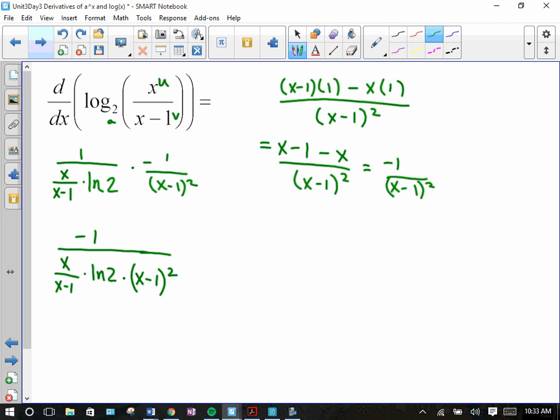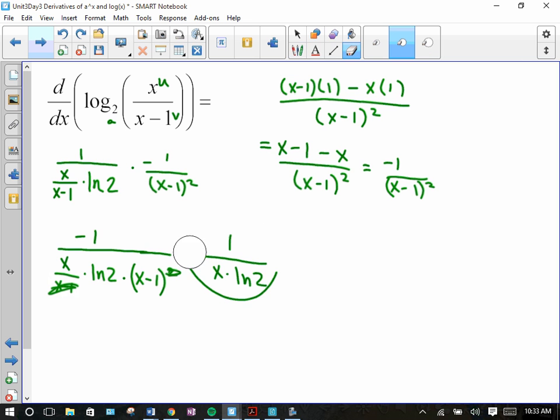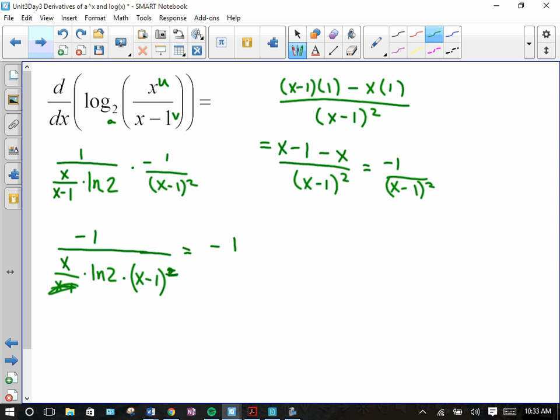Well, one of those x minus 1 factors cancels with that x. So this is negative 1 over x times x minus 1 times natural log of 2.